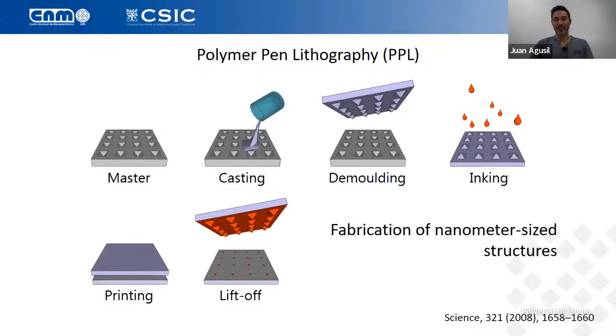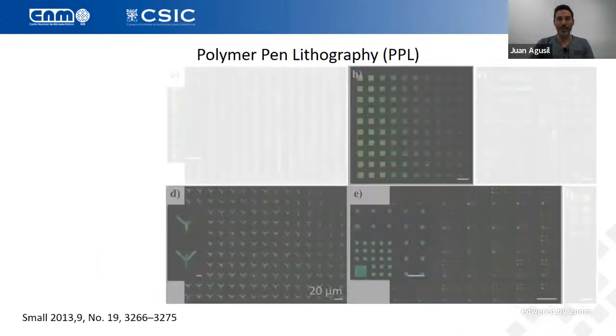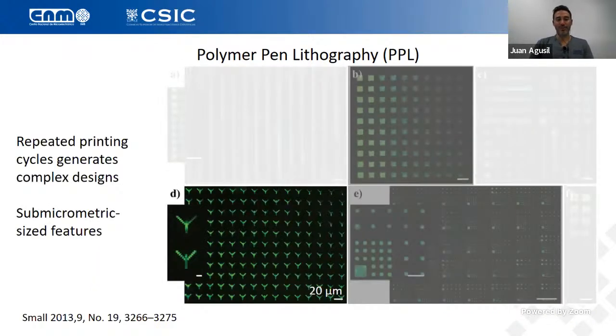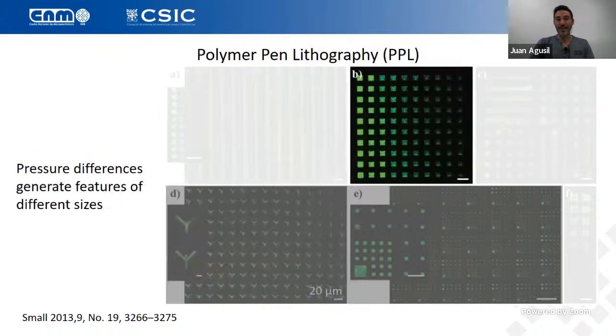You ink these inverted pyramids, and then you contact the area of the substrate that you are interested in, and you only transfer a small portion of your ink. This kind of technology requires special equipment, but it helps you create complex designs by repeated printing, just by moving the stamp. And more importantly, you can create sub-micrometric sized features.